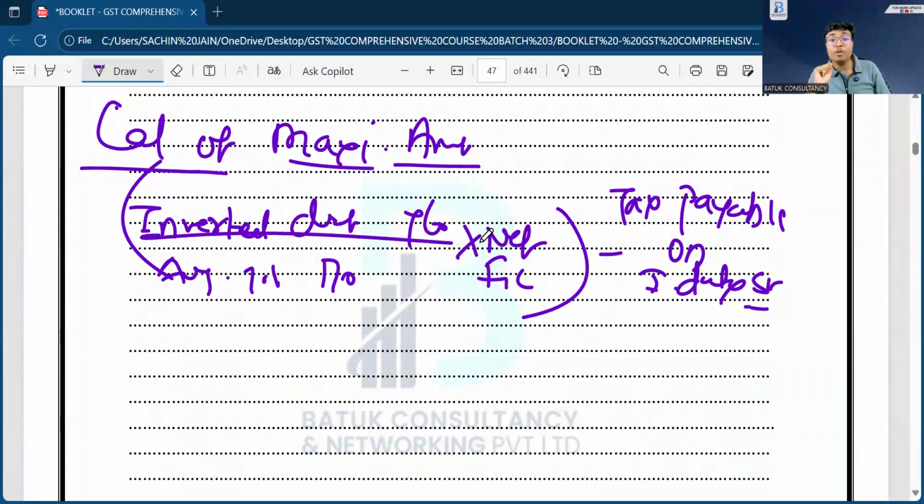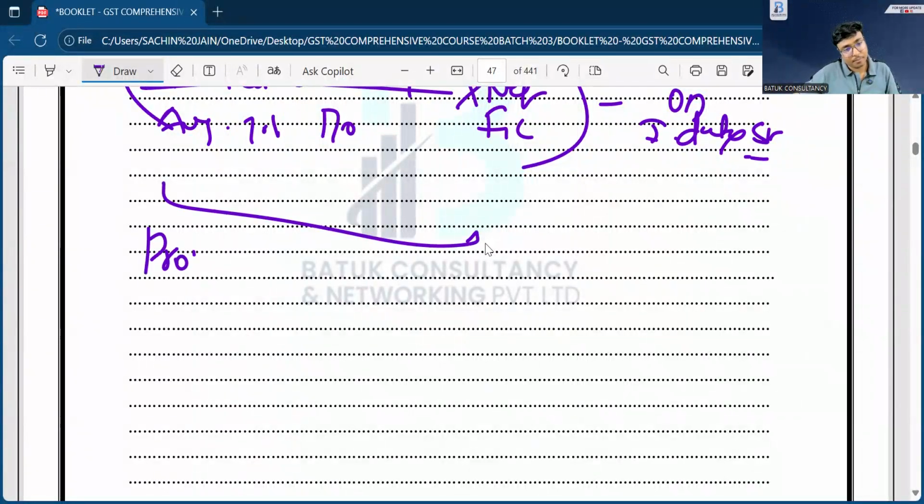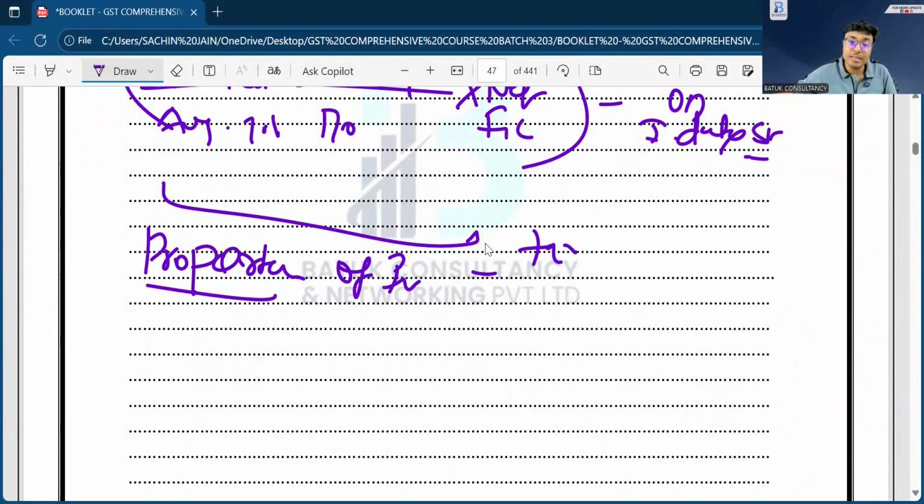be distributed in a certain proportion. One portion is for inverted duty, another portion is for normal. For the normal portion, you will not be eligible to claim refund. So it will automatically calculate the proportionate value of the input tax credit. Now after that, whatever your proportion of ITC is, you just need to reduce the tax payable on inverted duty structure.